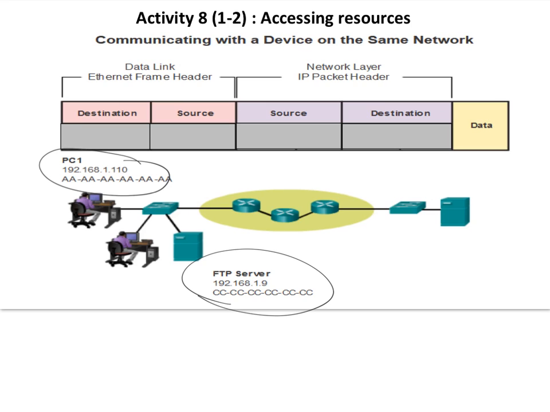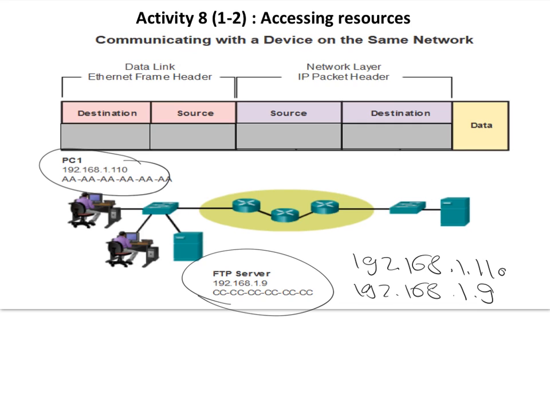Okay? So PC1 now figures out that it needs the physical address of the direct FTP server, because it knows that the FTP server is on the same LAN. How? Well, if you put the IP address of PC1, which is 192.168.1.110, and you put the IP address of the FTP server, which is 192.168.1.9, you see that the only difference in the IP address is the last part.